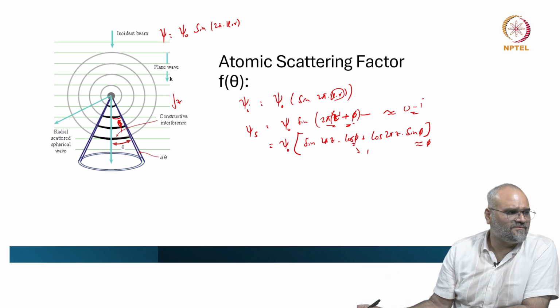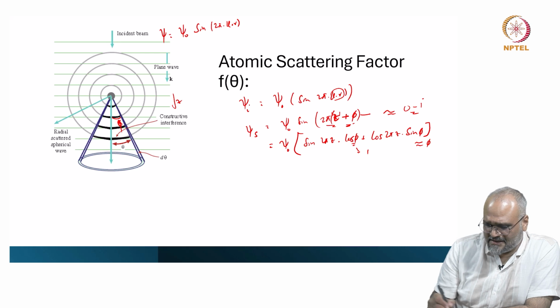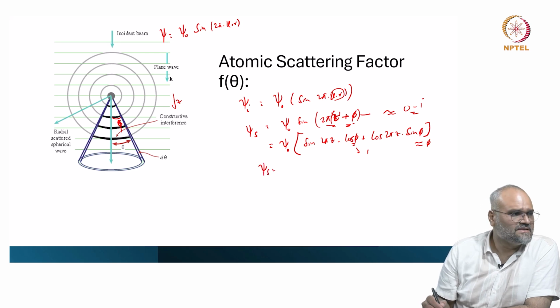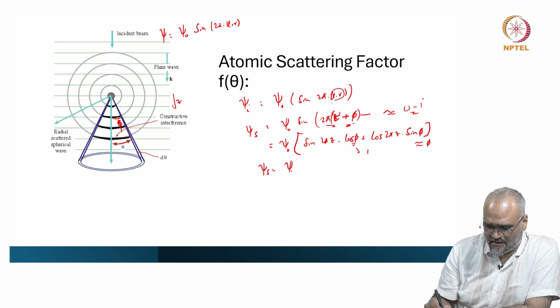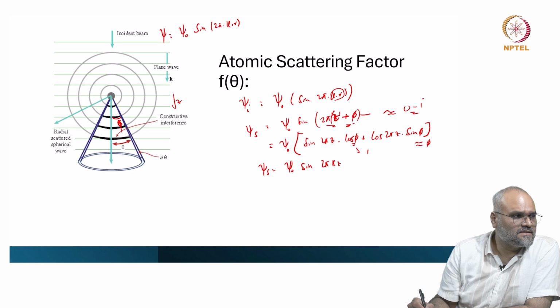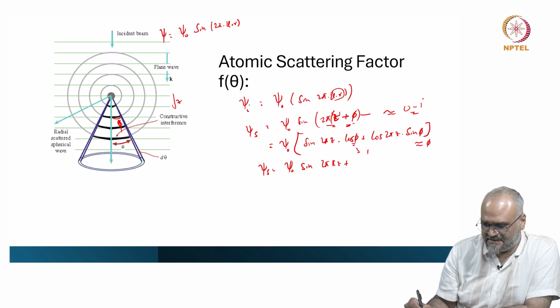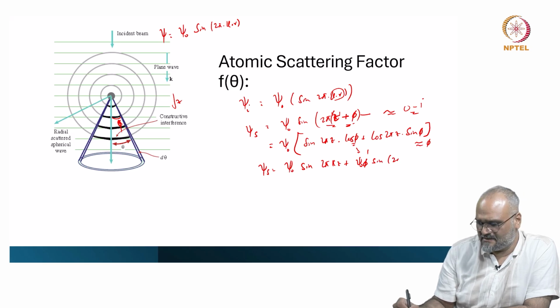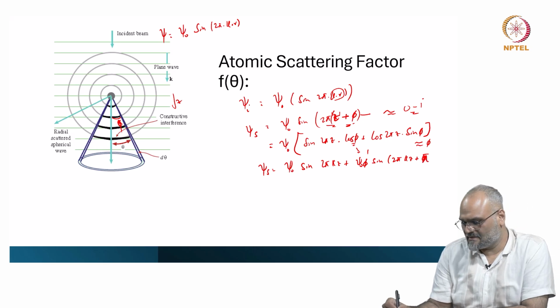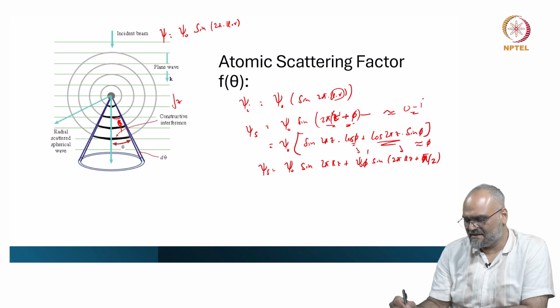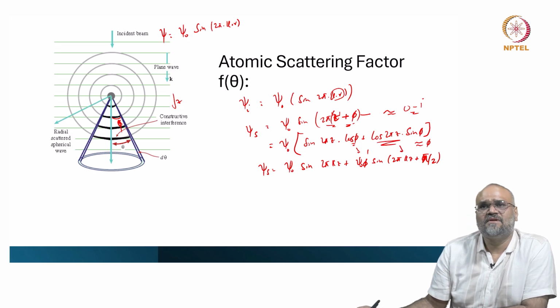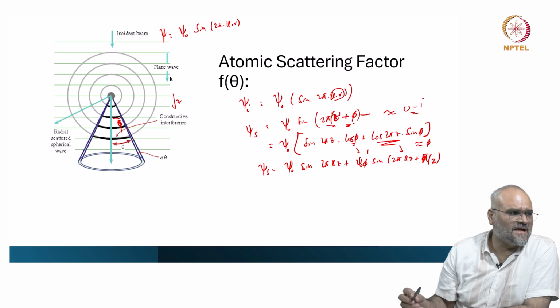So what you then have is the total intensity of the scattered beam, psi s, is psi naught sine 2 pi k z plus psi naught phi sine 2 pi kz plus pi by 2. So, what I have done is the cosine here I have written as sine of pi by 2 plus the same value that I have here.